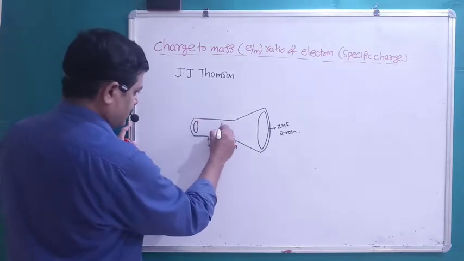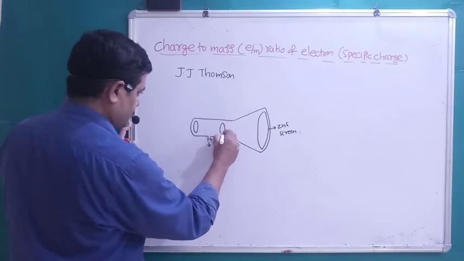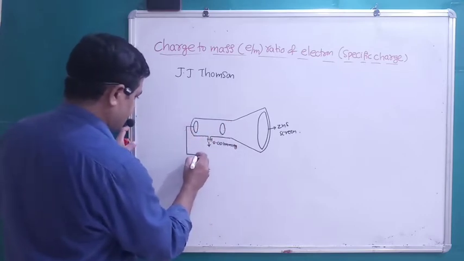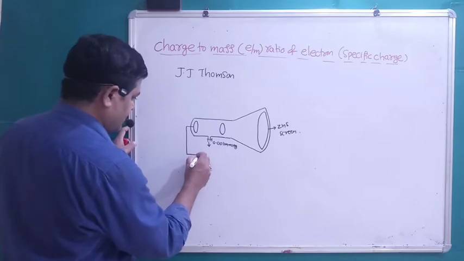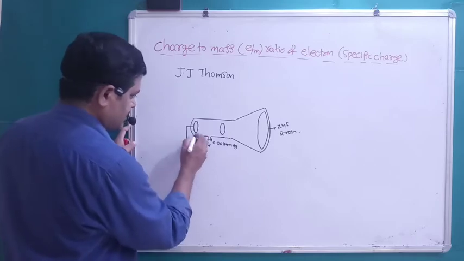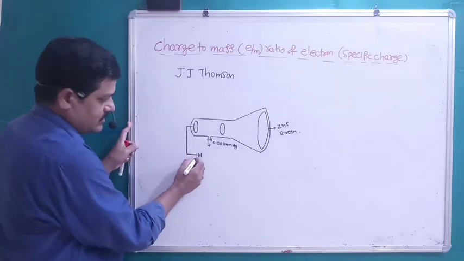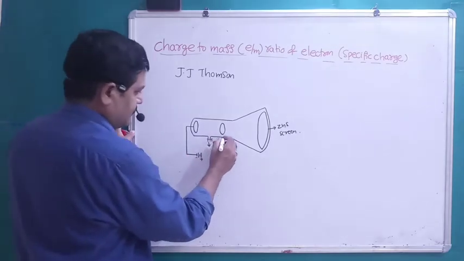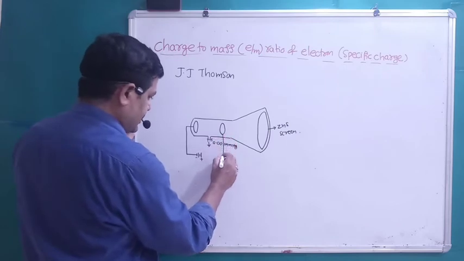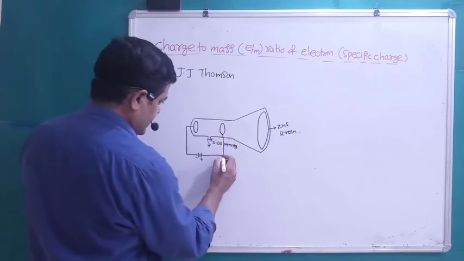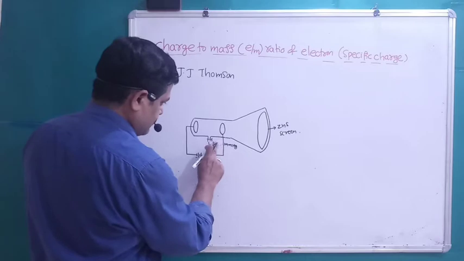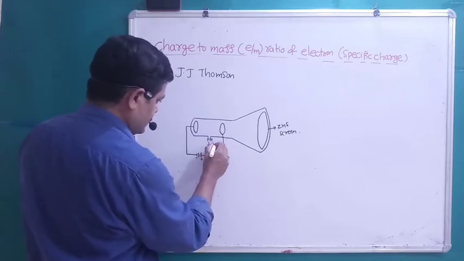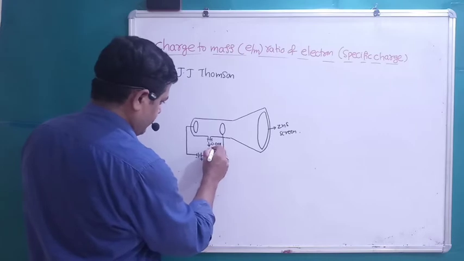One is cathode, the other one is anode. The metal plate which is connected with the negative terminal of the battery is called the cathode. This is the negative terminal and this is the positive terminal of the battery. The pressure is 0.001 mmHg.